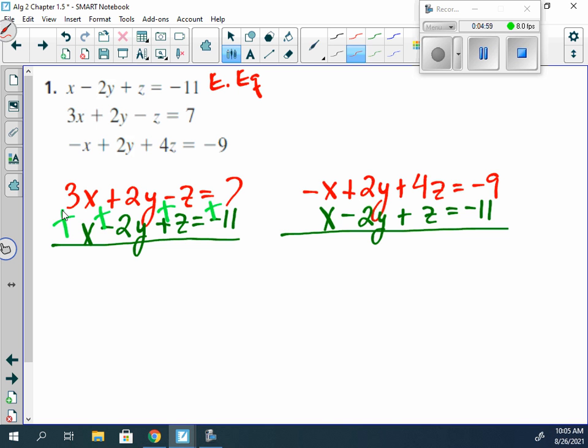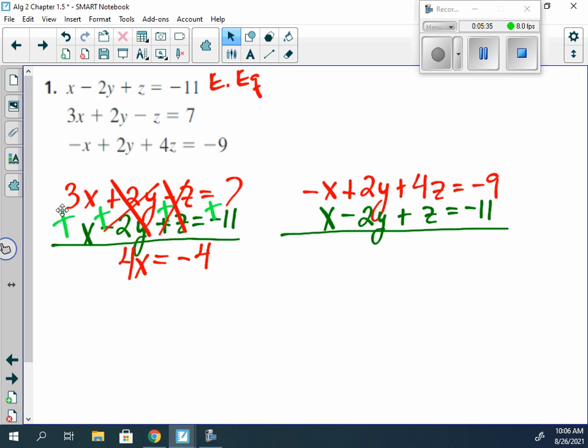So when we add these together, 3x plus x is 4x. 2 plus negative 2, or 2 minus 2, is 0, just like we wanted. Negative z plus z is 0. Seven plus negative 11, or 7 minus 11, is negative 4. So wait a minute, over here I have 4x equals negative 4, don't I?